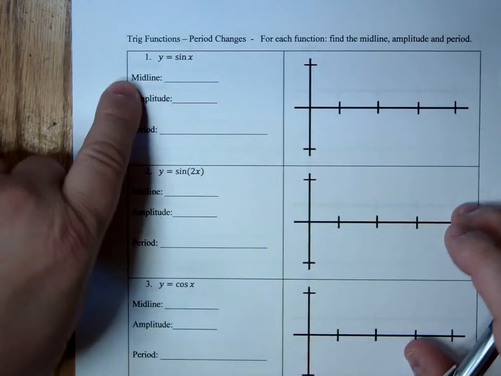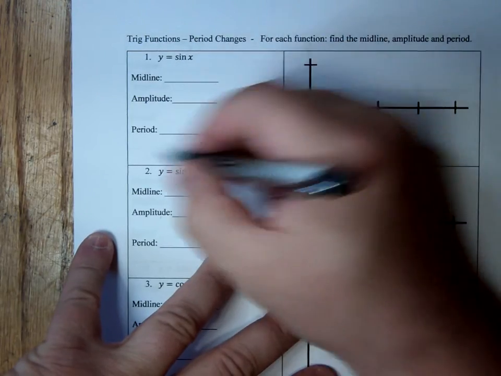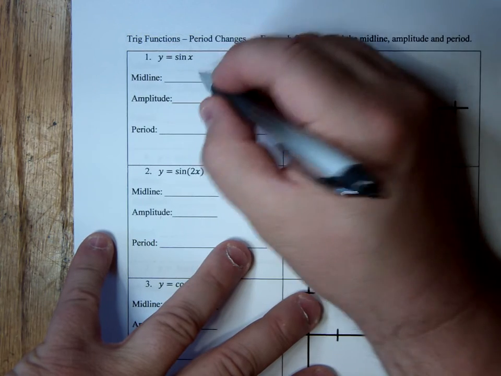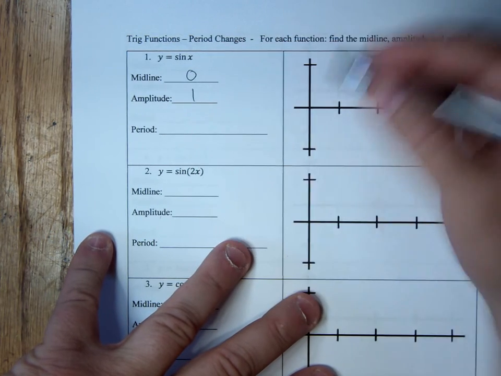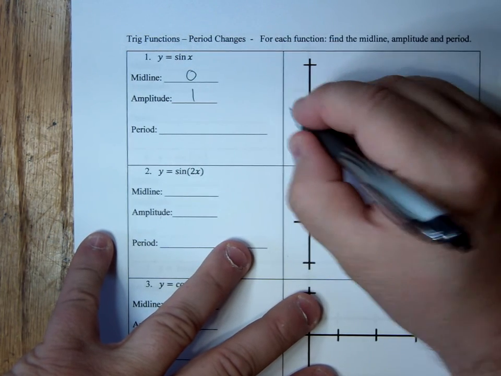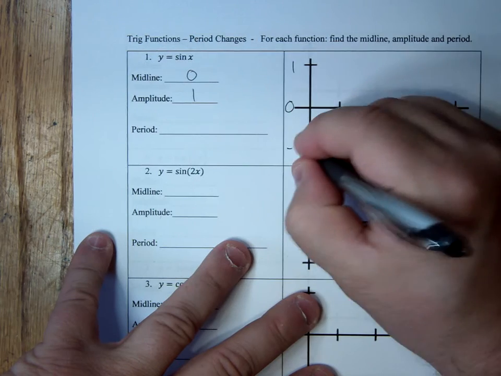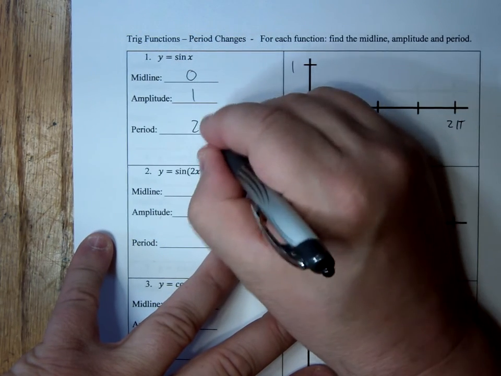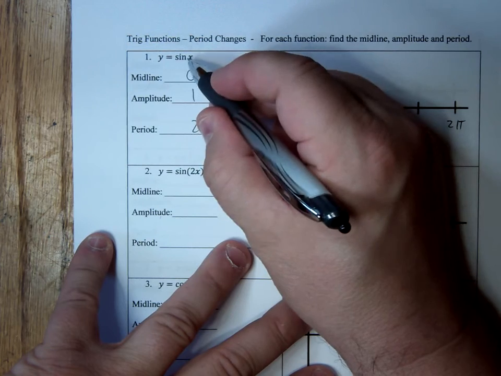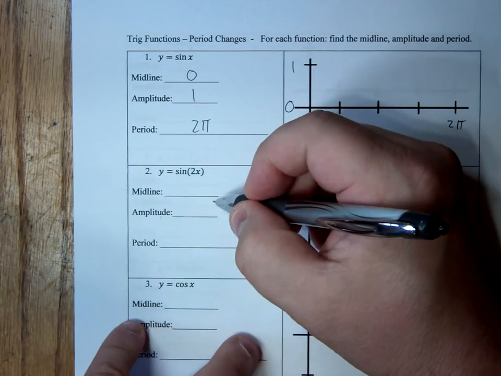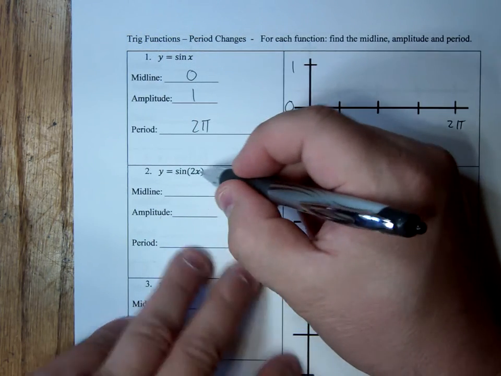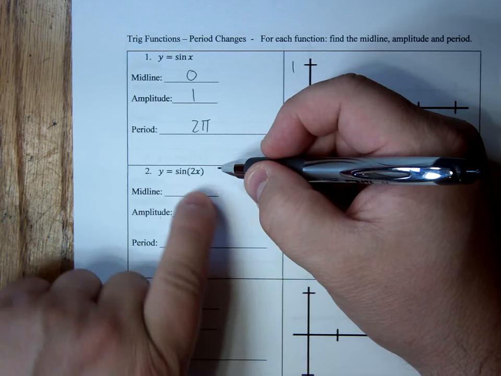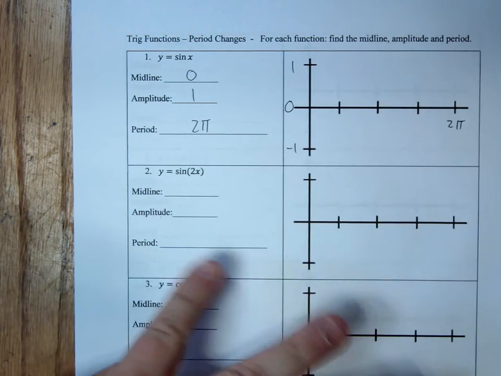So the same idea with the midline, basic sine graph. Midline is 0, amplitude is 1. So you guys know this one: 0, up 1, down 1. It's a sine graph with 2 pi as the period, because there's nothing with that x. And you're going to see that with these parentheses and multiplying the x times something, that's what's going to change the period.